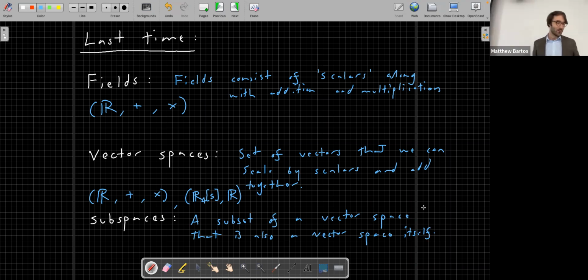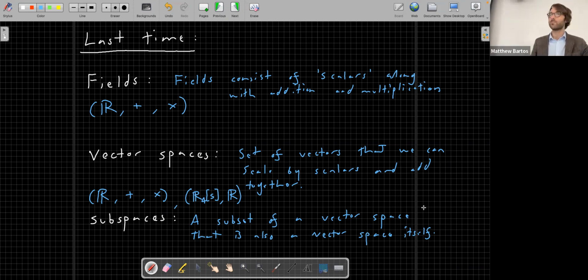Very good. So out of all of the definitions that we gave last time, this is the intuitive understanding that I want you to get. So we define fields, we have vector spaces, and we have subspaces, and they all have relatively intuitive definitions. And as we go through more examples of these concepts, I think they'll become more clear.